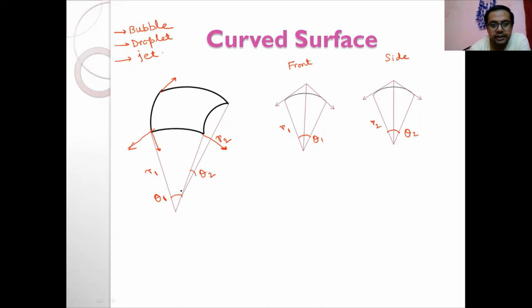This is R1 and this angle is a very small angle actually. So we take dθ1, dθ2, very close angles. So here R1 dθ1 and this is R2 dθ2. So we got the length of the curvature.